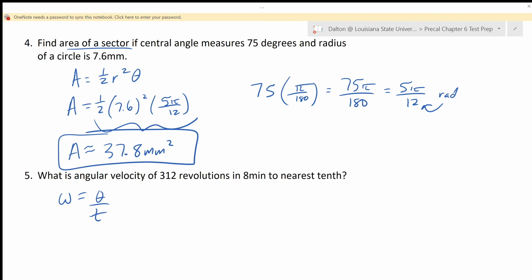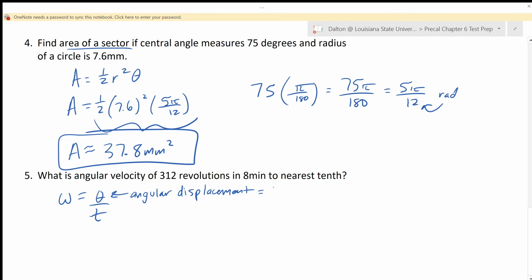So I know t is 8, but the issue is 312 is not theta. Theta, in this case, stands for an angle, particularly the angular displacement that occurred when the wheel, or whatever the circle is, was rotated. That's where the 312 revolutions come into play.